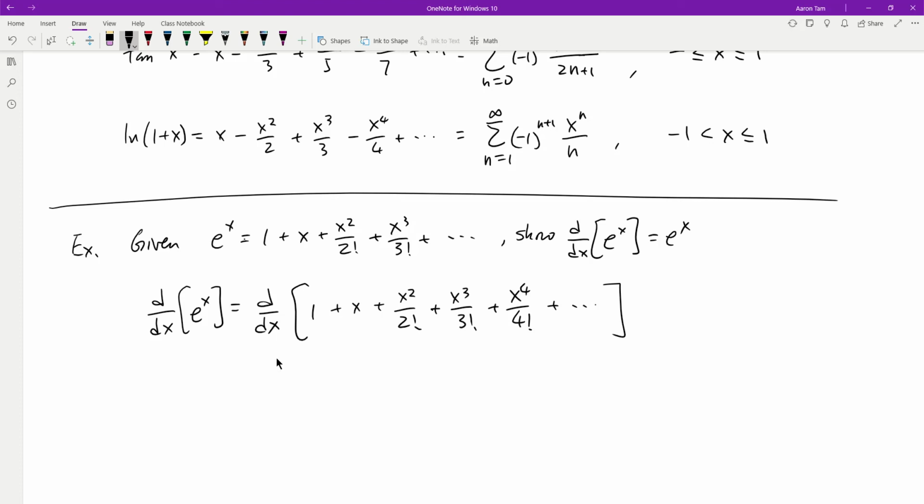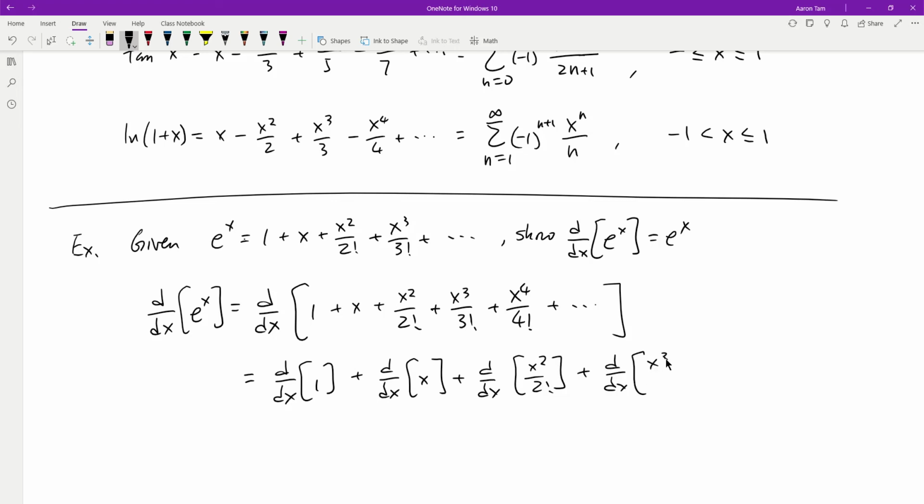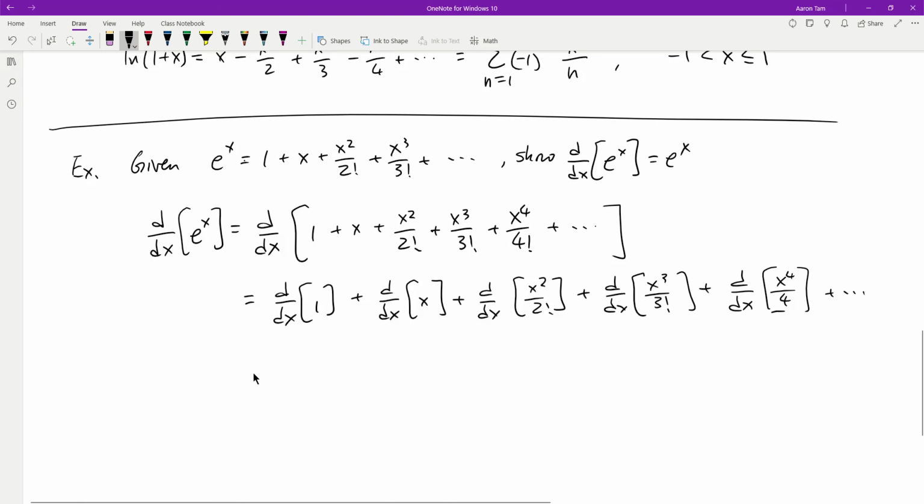And when I take the derivative of this thing, I can basically just separate it into taking the derivative of each term, because the differential operator is linear. And so when I take this derivative, the first term would just become 0 because it's constant. Derivative of x is 1.